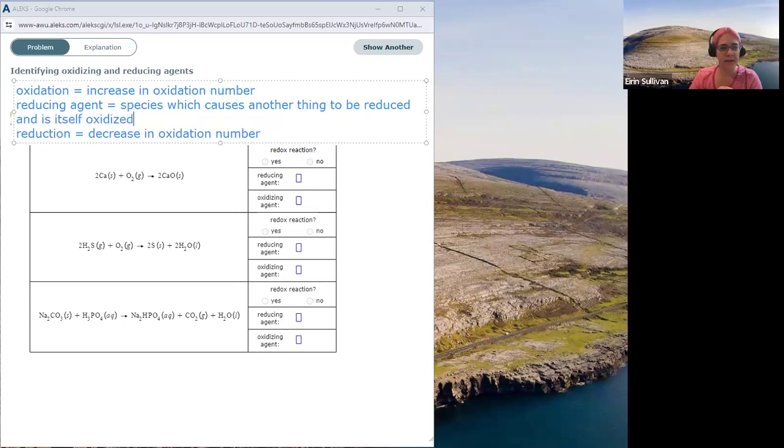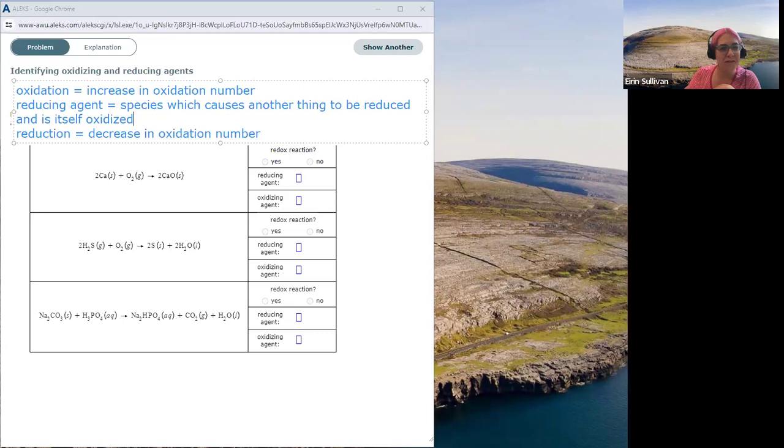Okay, sounds a little bit confusing. ALEKS actually has a great explanation for this. I love the little analogy they use, which is that a towel is a drying agent. So a towel, as it is drying something, itself gets wet. And there's a symbiotic process again, because the person who is getting dry, you could look on them as being a wetting agent because they are making the towel wet.